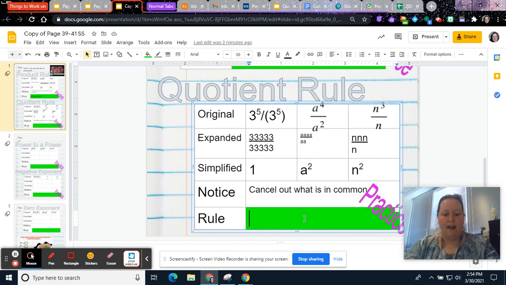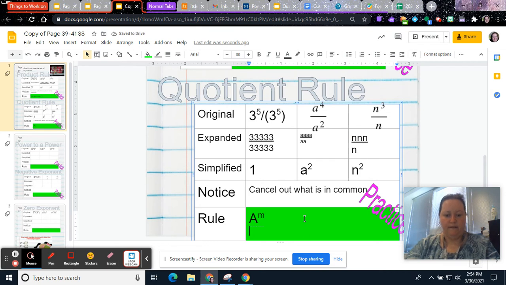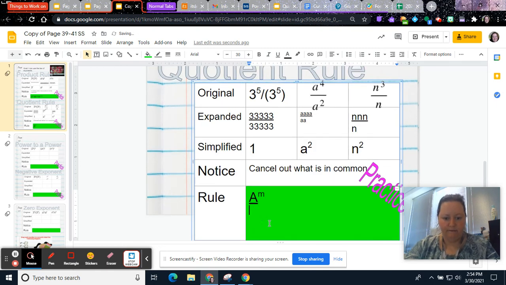So this would look like this. A to the m divided by a to the n equals a to the m minus n.